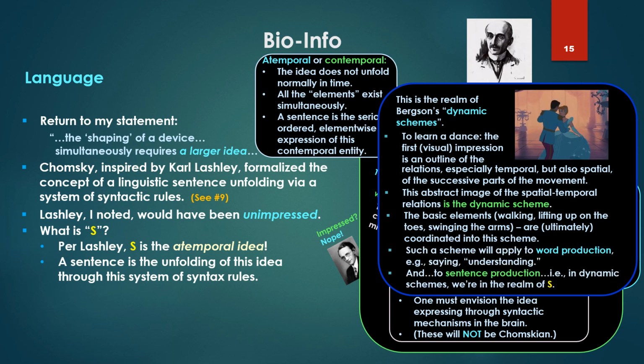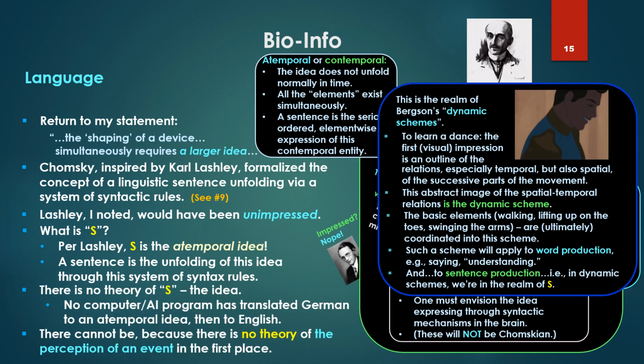Such a scheme will apply to word production. Just, for example, saying the word "understanding." All productions of words, all words are dynamic schemes. And to sentence production. That is, in the dynamic schemes, we are in the realm of S, the atemporal idea. All part of this vision of language understanding in Bergson.